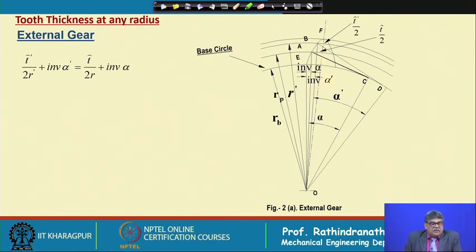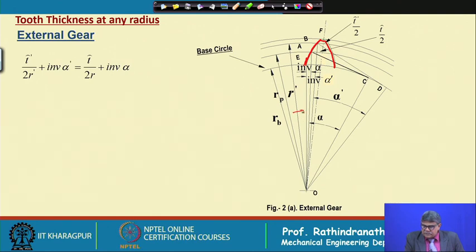Next, if we consider this geometry, we have considered a full teeth, and we have shown here that this is equal to involute alpha dash.